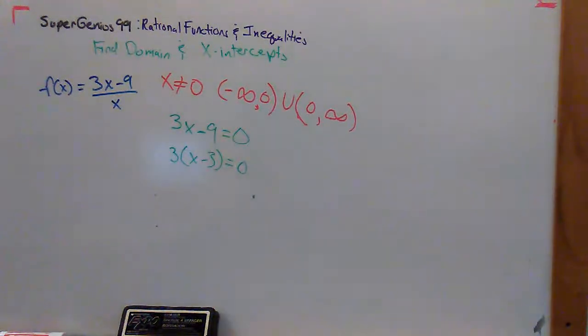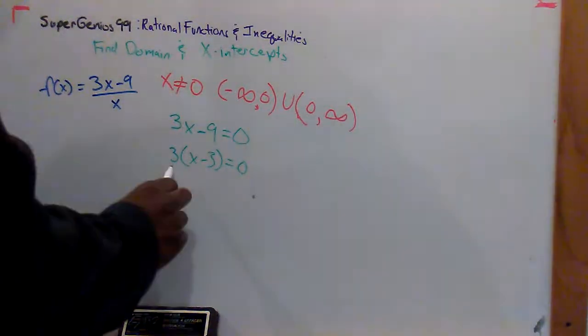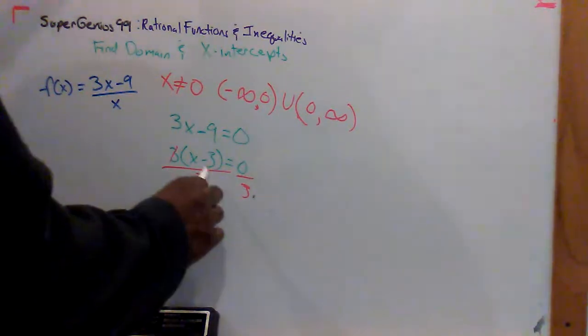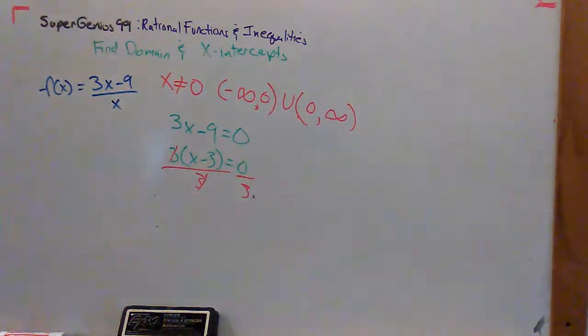Okay, here you can divide both sides by the coefficient 3. And then after that, you just have x minus 3 equals 0.